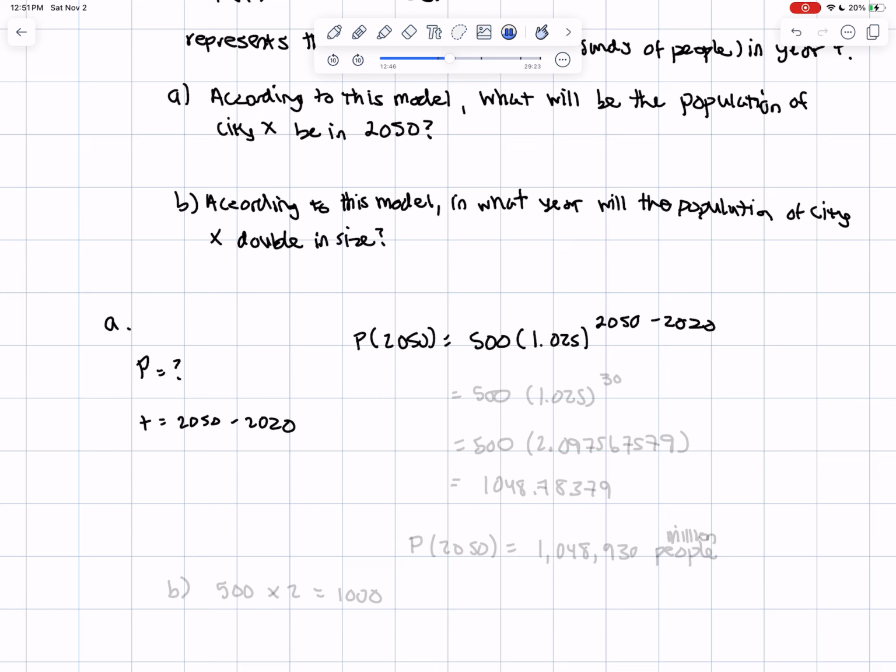So that means it's going to be rewritten as 500 to the 30. So now we just do 1.025 raised to the 30. And we get 2.097567579. Then you multiply that by the 500. So I'm getting this.